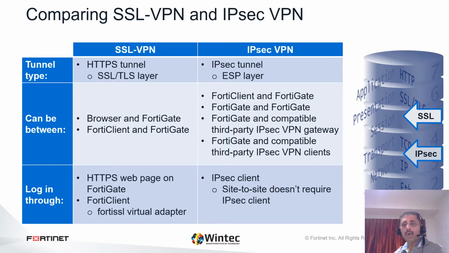Now a quick look at identifying the differences between the two VPNs that are commonly supported in the industry. First and foremost, the protocols themselves are different. SSL and TLS are commonly used to encapsulate and secure e-commerce and online banking on the internet, basically HTTP.